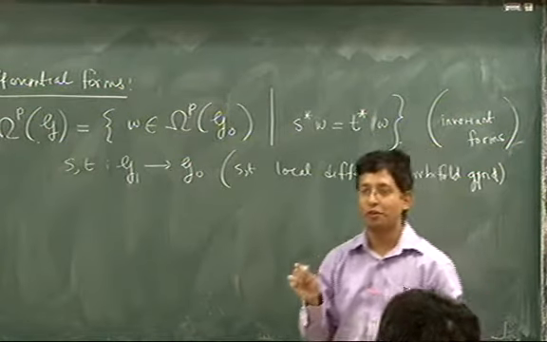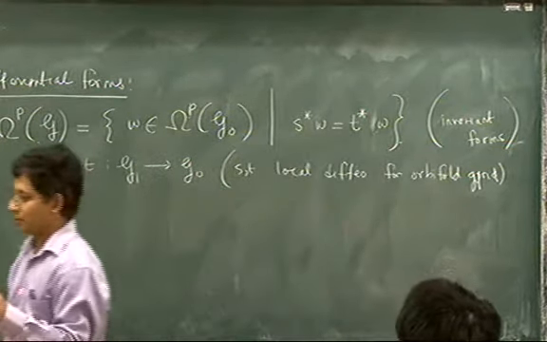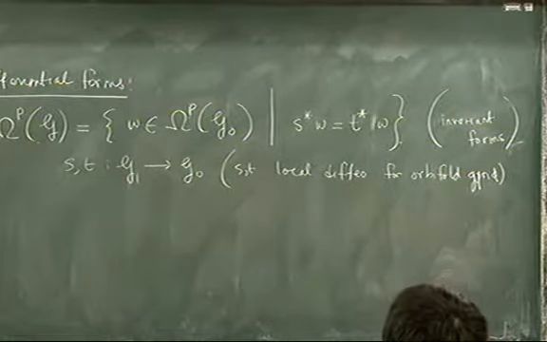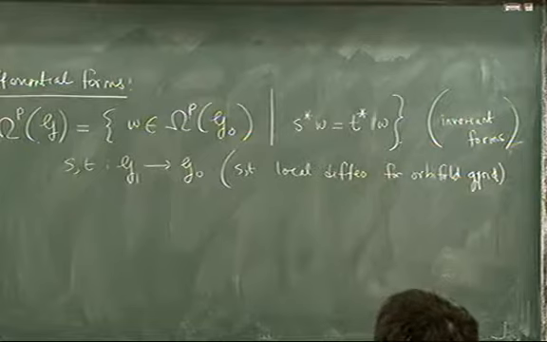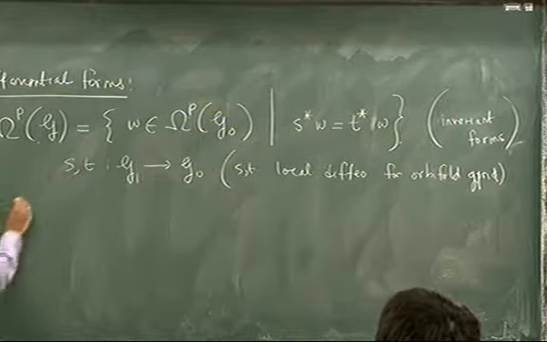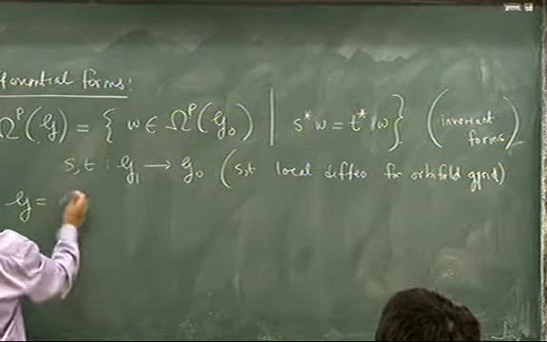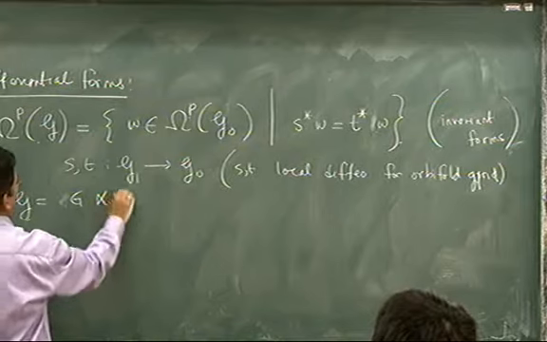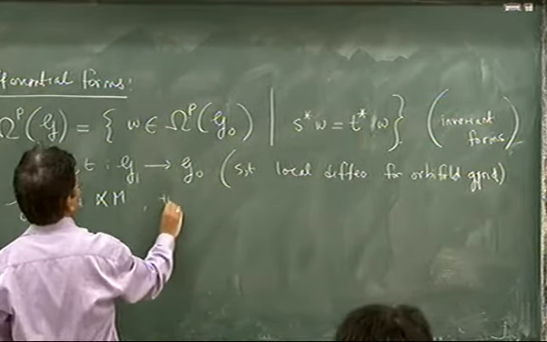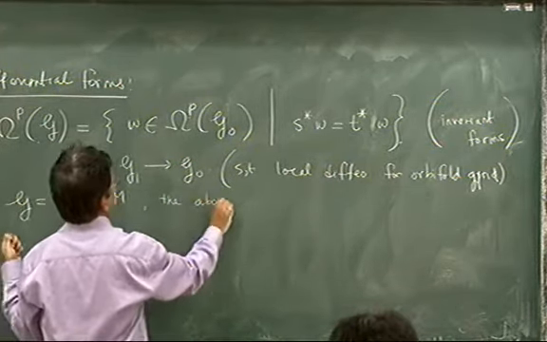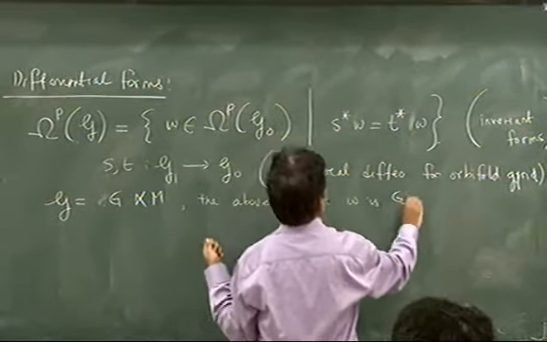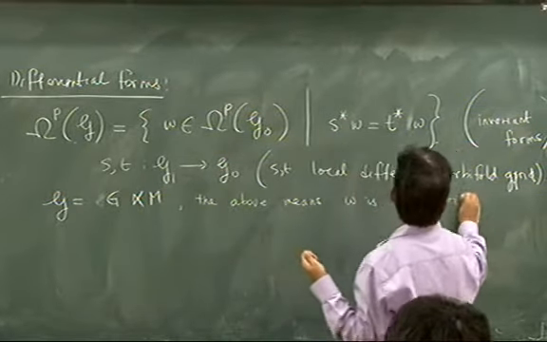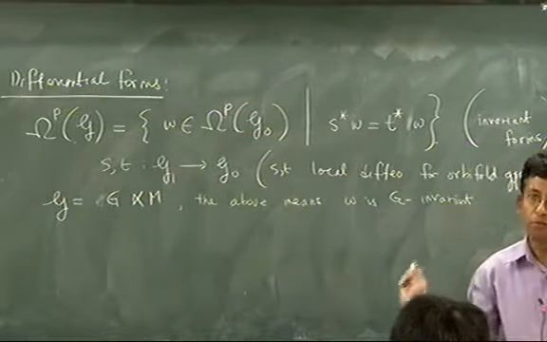So if you have M mod G, with G acting on a manifold M, in the simpler situation this means that omega is G invariant.